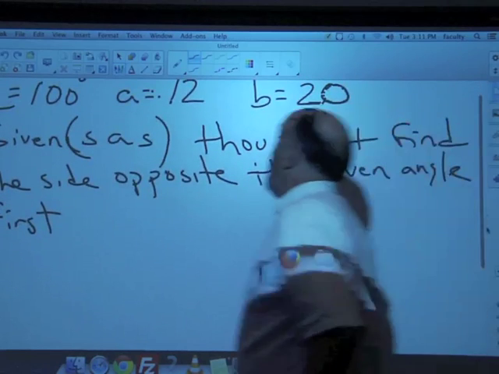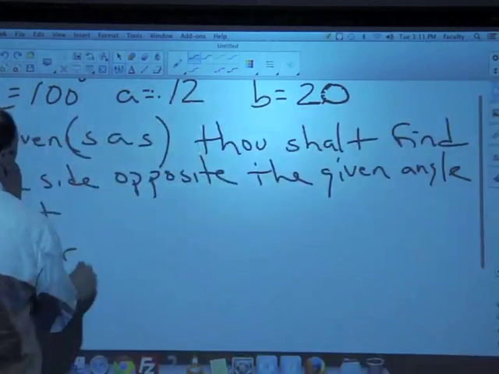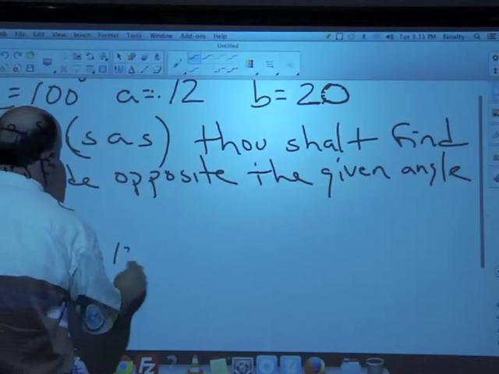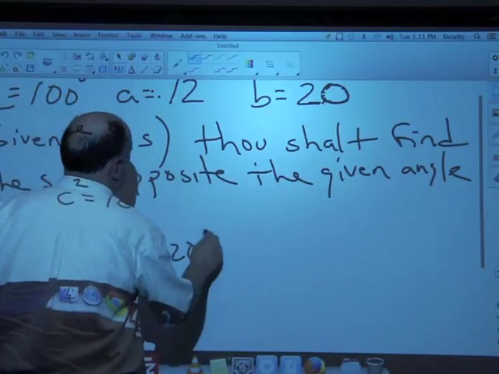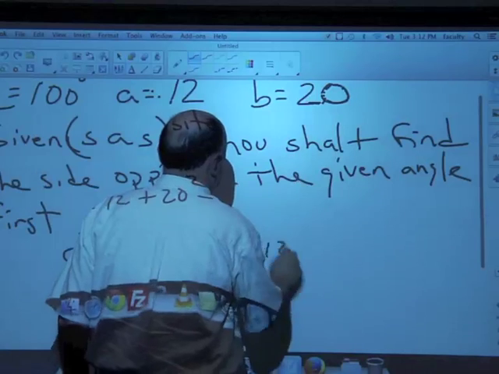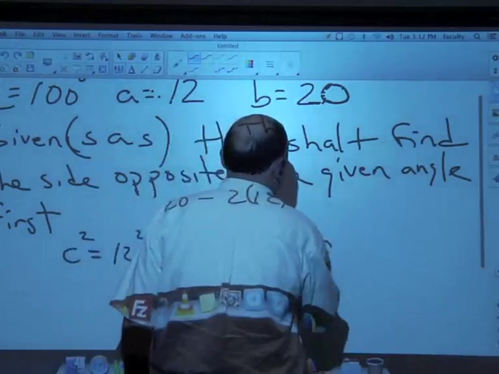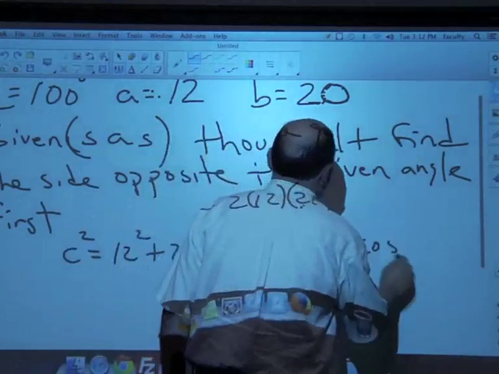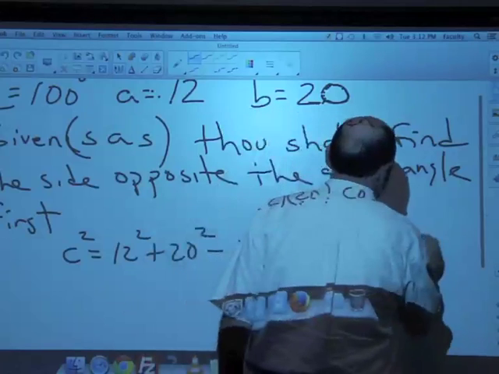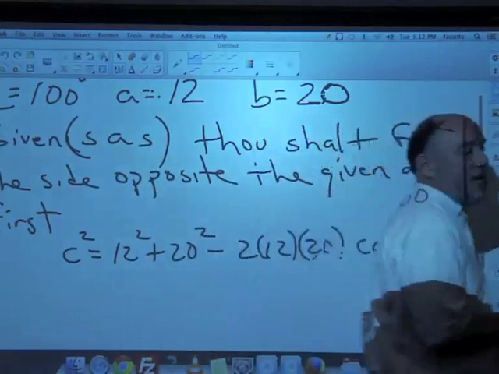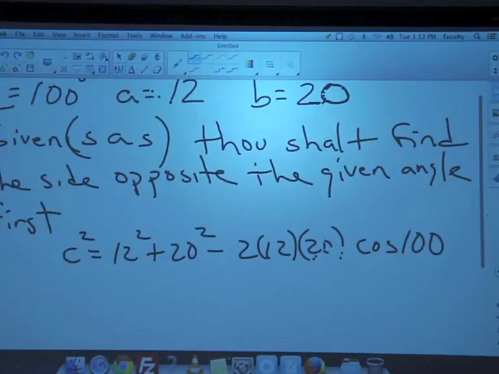So we got that C squared is going to equal 12 squared plus 20 squared minus 2 times 12 times 20 cosine of 100. Now it ends up that this is easy. Much easier, less work here.